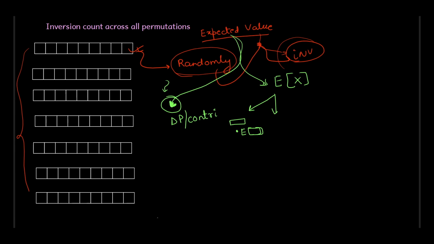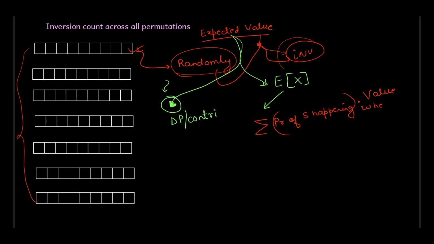So what I mean to say is, the expected value of x is nothing but the summation of the probability of s happening, where s is a scenario, into what is the value when x has happened. Now I'm not going into very formal definitions.